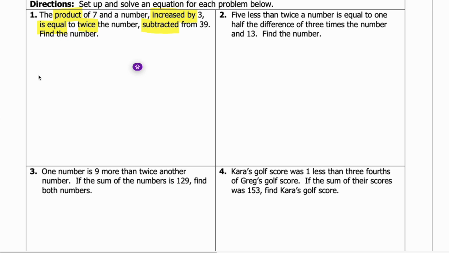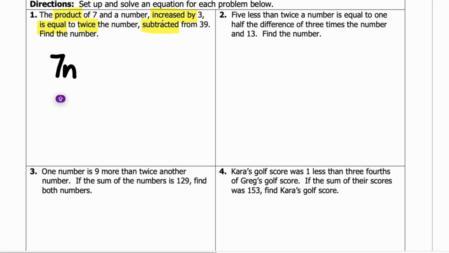So the first one is the product of seven and a number. Well, we know that product means multiplication. So if we have a product of seven and a number, then we are multiplying seven and that number. The product is increased by three, meaning we are making something larger. There are two ways to make something larger, right?